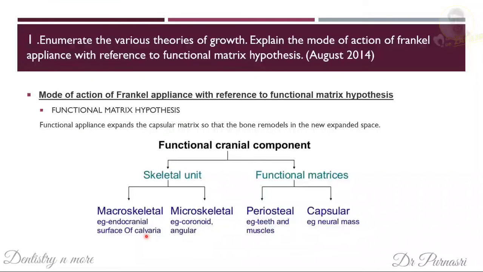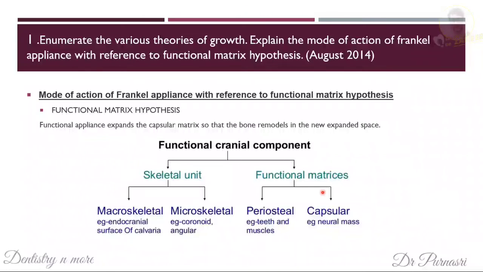Macroskeletal units are the skeletal tissues associated with a single function and are called the skeletal unit. And then the microskeletal units are the smaller parts of the whole unit. So for example, if the macroskeletal unit is the mandible, then the microskeletal units will be the parts of it, the coronoid, angular, mental, gonial, alveolar process, etc.